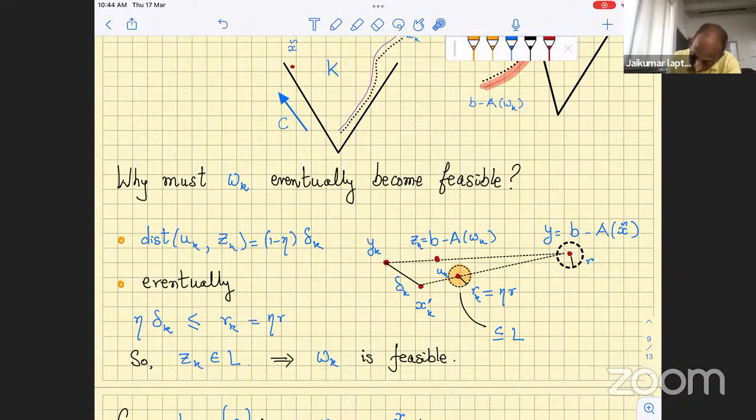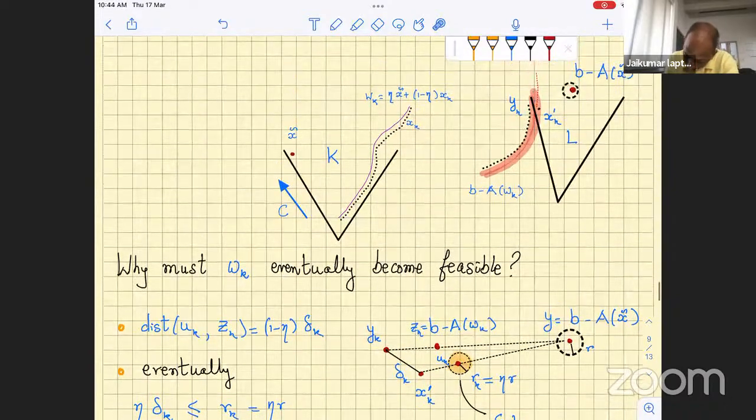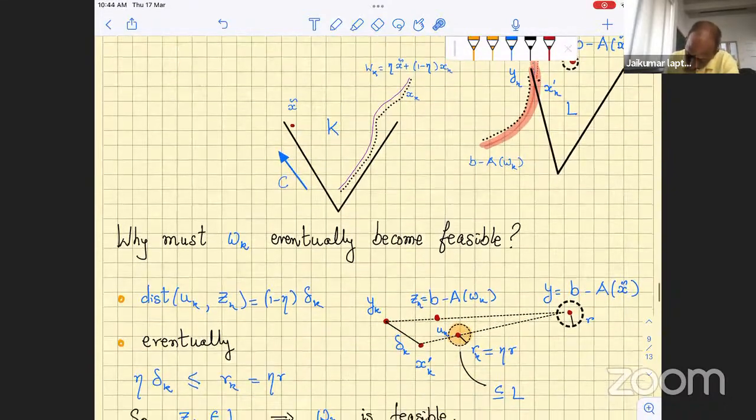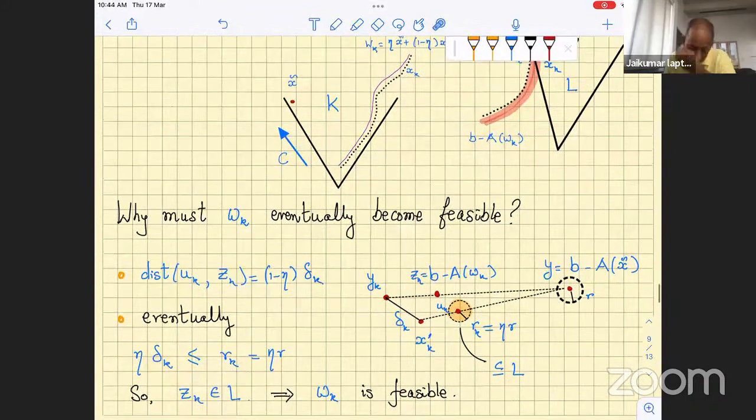Let us take the average of this point and this point. That means the image of WK is here. How is this image constructed? This ZK is, one second, you take this Y multiplied by eta, this YK by 1 minus eta, and you get this point.